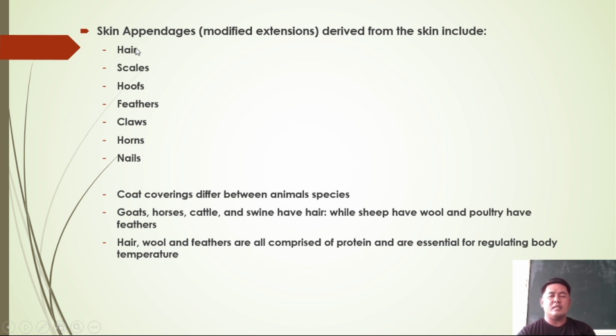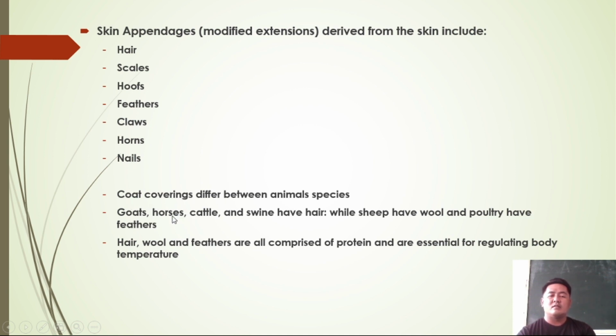Some are mostly hairy, some scaly, some feathered. Goats, horses, cattle, and swine have hair, while sheep have wool and poultry have feathers. So they differ in coat coverings.